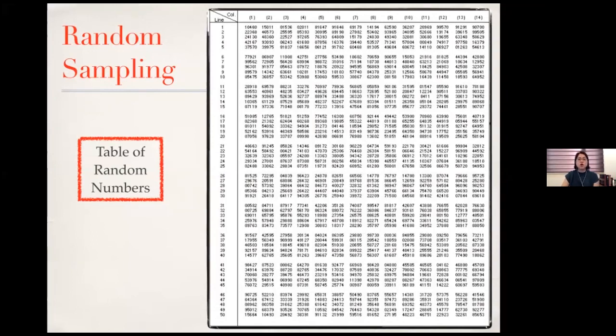So that's what the column shows. So what you do is, for example, you need only 16 people, but you have 100 people to choose from. So 100 is 100, 3 digits. So you look at the last 3 digits of each set of number.